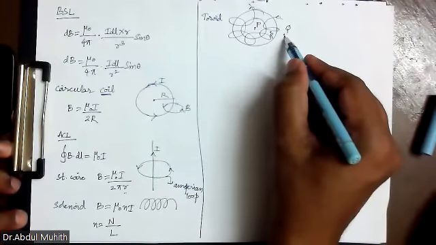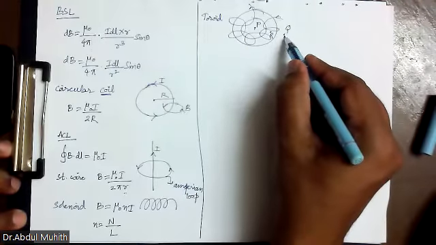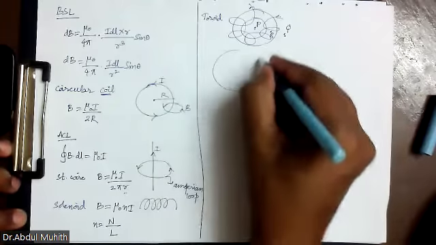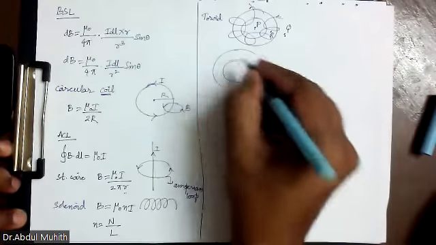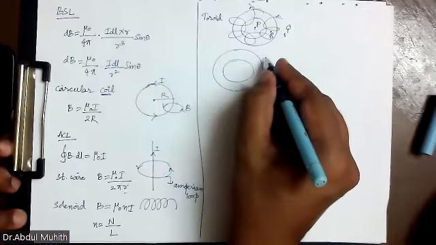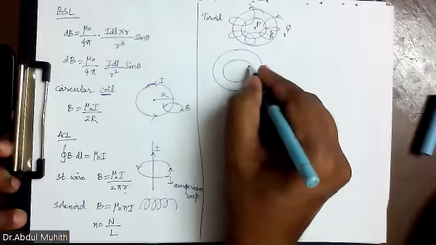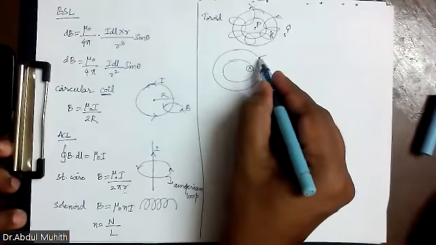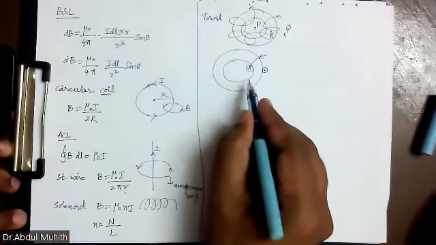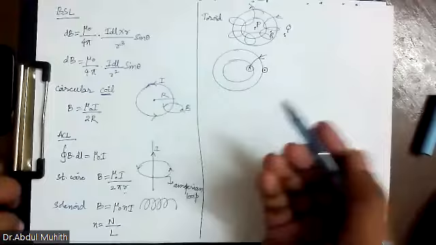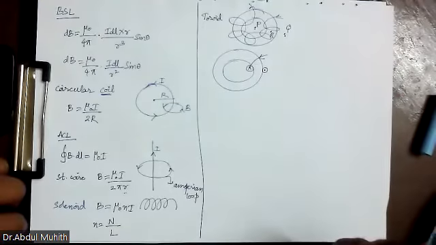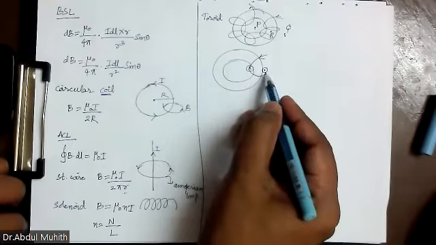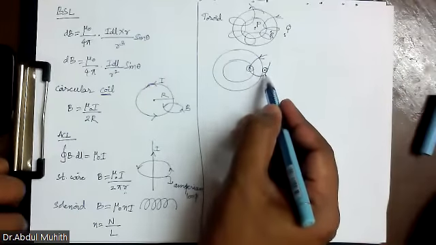What is the reason behind it? Because the two of them will cancel out each other. Very good. When the wire goes in, it becomes a cross. When the wire comes out, it becomes a dot.